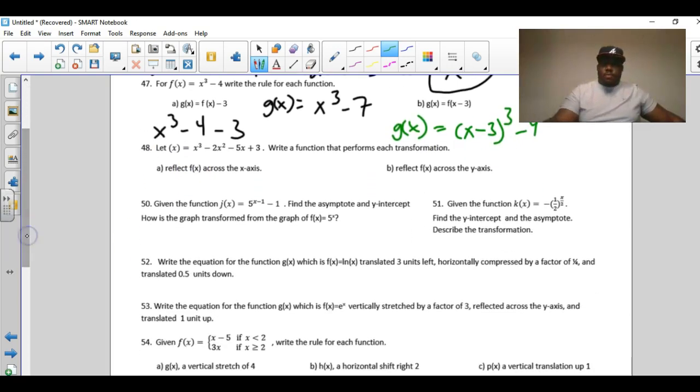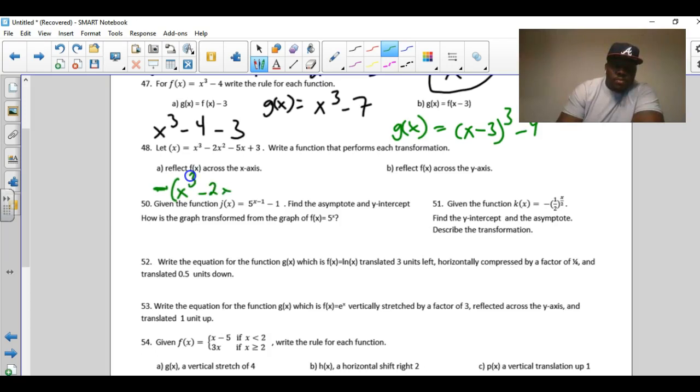Now, for number 48, let f of x be x cubed minus 2x squared minus 5x plus 3. Write a function that performs each transformation. We're going to reflect across the x-axis, meaning I put the negative outside the whole entire function, like this.